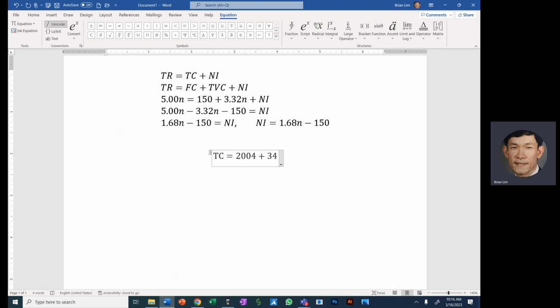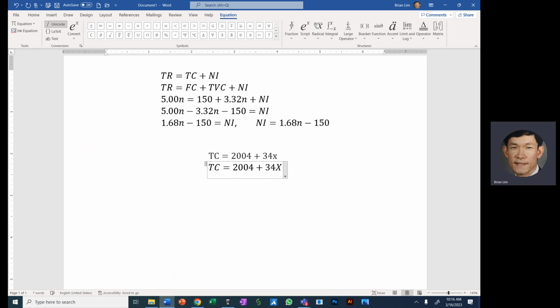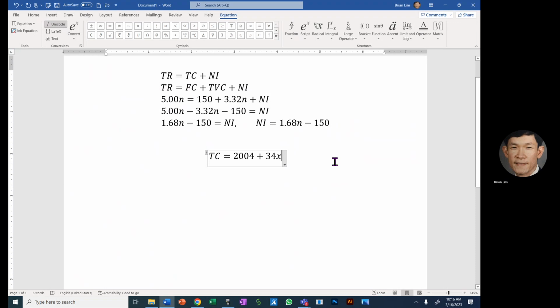All right, so maybe we will leave that and then we can come down here and do our own entry. C is equal to 2004 plus 34x. All right, so there we go. So that looks a whole lot better, what we're accustomed to. And we will delete what's up there.